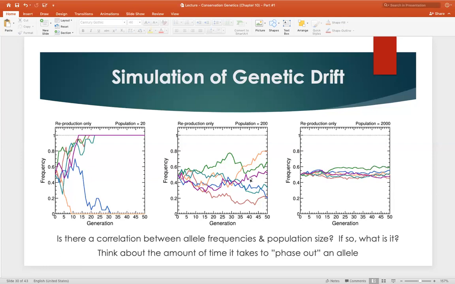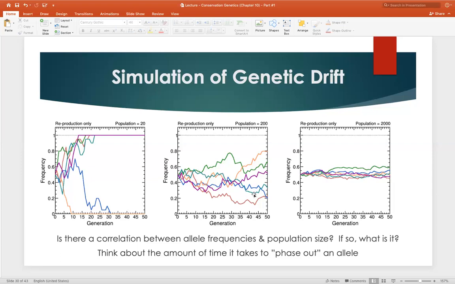If we move over to our middle, where we are looking at a reduction in population from 2,000 to 200, notice what we see. The trends here on this particular graph are drastically different than what we observed before. Again, starting roughly at about 0.5 frequency for all of the alleles, notice that over time, those frequencies become more sporadic and spread out.